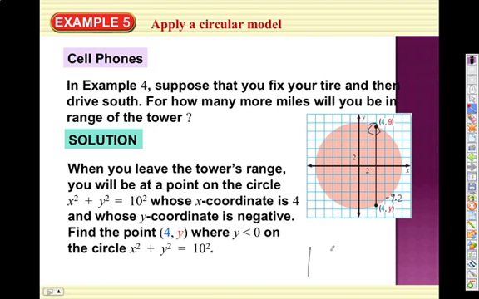It's the absolute value of the one y value, 9, minus the other one, negative 9.2. If you do that, 9 plus 9.2 is equal to 18.2 units. Actually, we're talking about miles, so 18.2 miles. How many more miles will you be in range of the tower from here to here? 18.2 miles. There you go, guys.